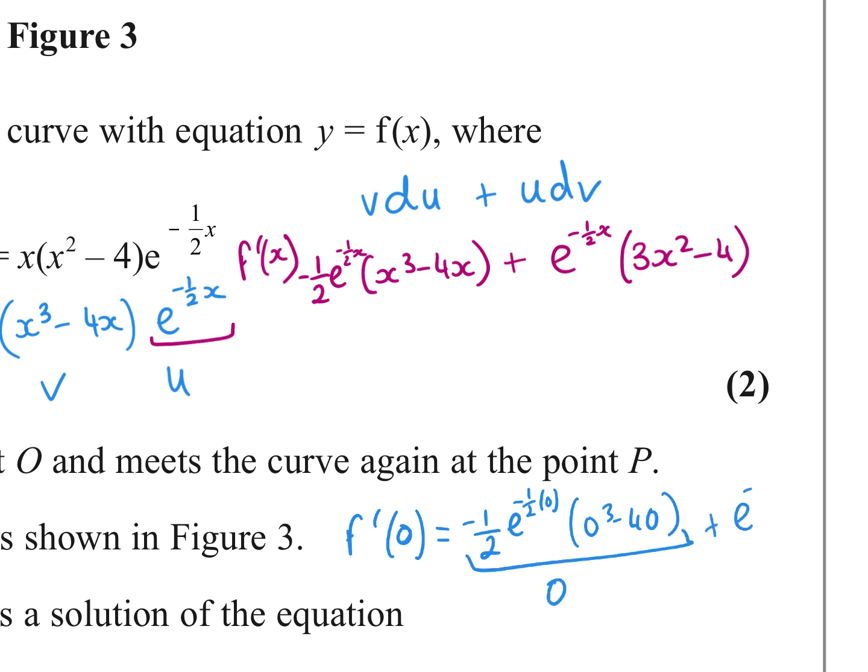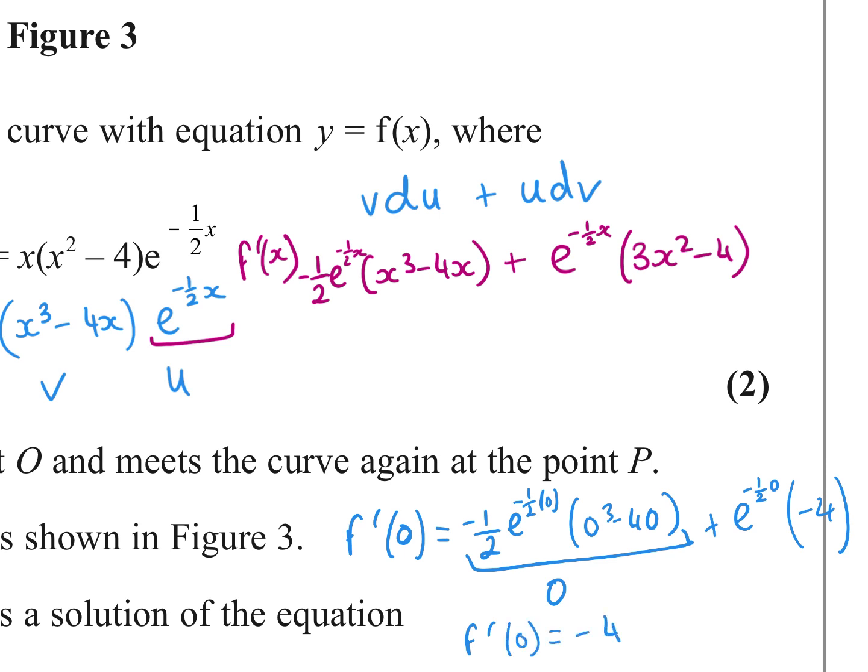Plus e to the minus a half lots of 0, and e to the 0 is 1, times 3 times 0, which is 0, minus 4. Is that right? So it's just minus 4. Yeah, so the gradient at 0 is minus 4.